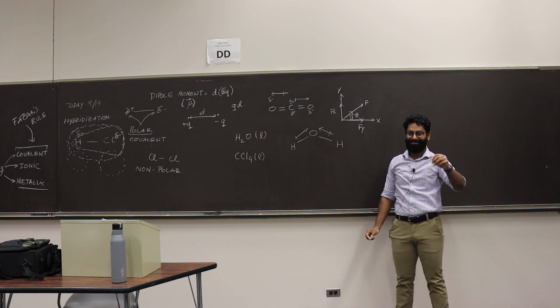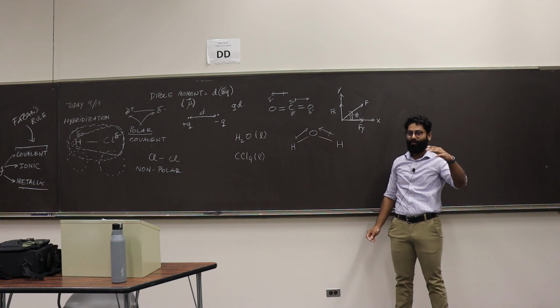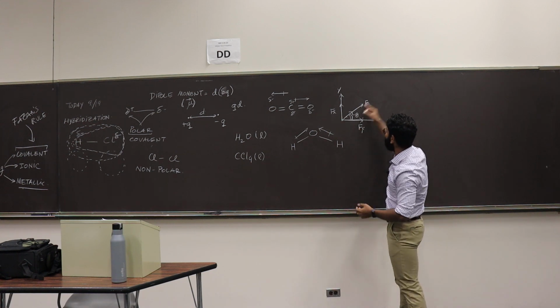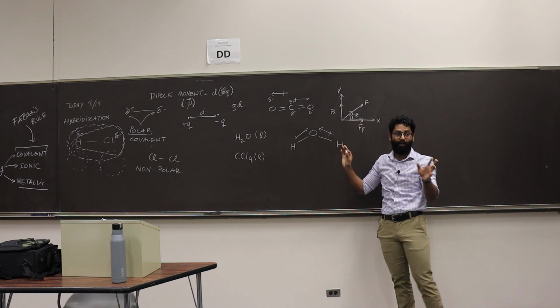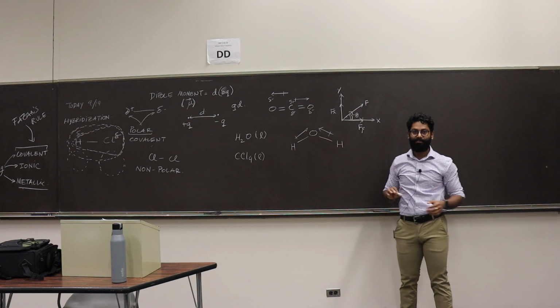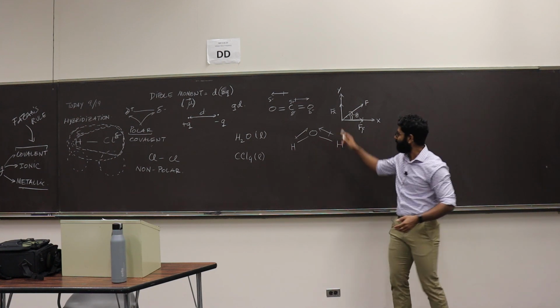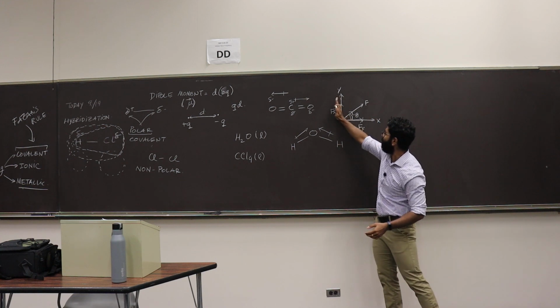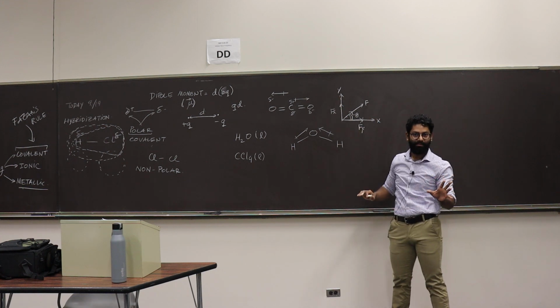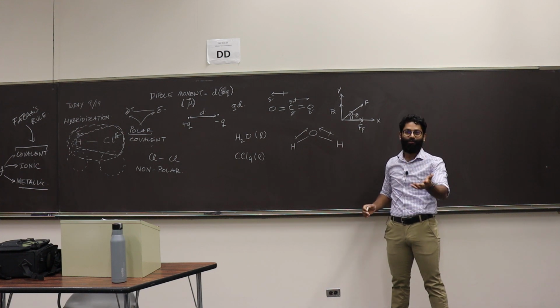But you don't have to remember the math. What I'm asking is, can you imagine this as the vector sum of this and this? Do you remember something of that sort that we did in physics? Let's assume I'm right, and let's go from that.